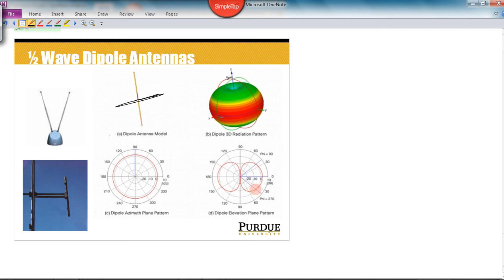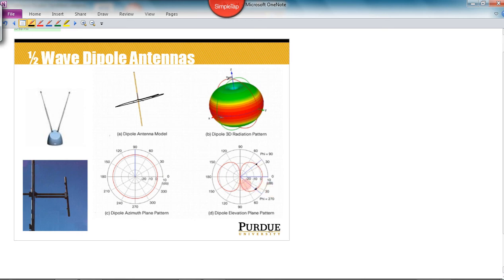So if we go down to the minus 3 dB points on both of those, that's about 78 degrees. These lines are drawn where the gain is down to the minus 3 dB point, which is this circle right here. And the elevation plane beam width, just remember, is the distance between these two points right there.